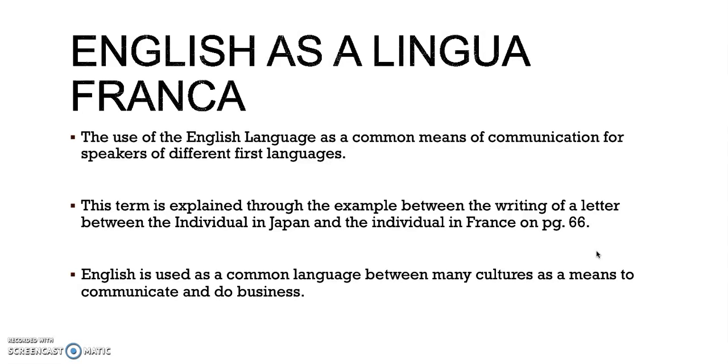This term is explained through an example between the writing of a letter between the individual in Japan and the individual in France. So there's another example of this in the article. English is used as a common language between many cultures as a means to communicate and do business.